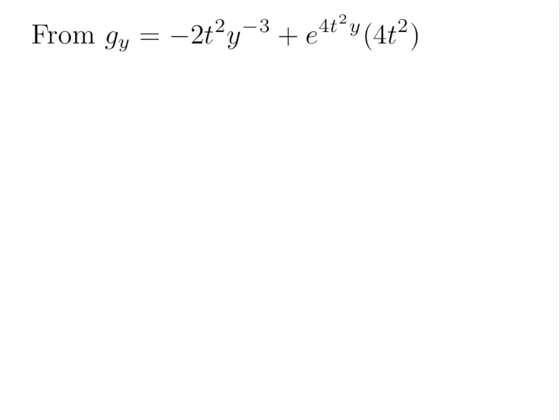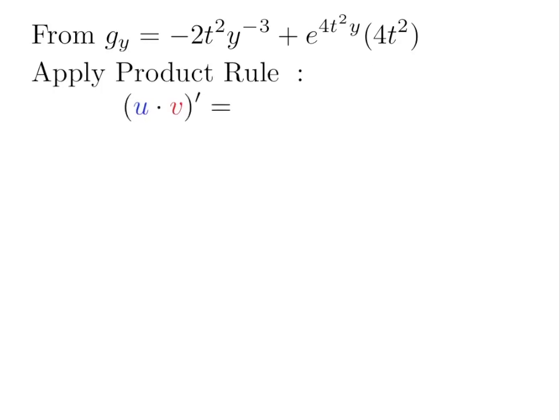Now from g sub y, g sub y is equal to negative 2t squared times y to negative 3 plus e to the 4t squared y times 4t squared. The first term is easier to find the partial derivative. But for the second term, once again, you have to apply product rule. And product rule is u times v prime equal to u prime times v plus u times v prime.